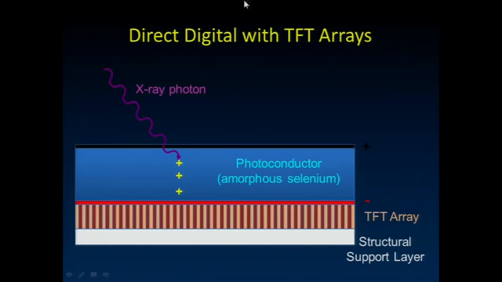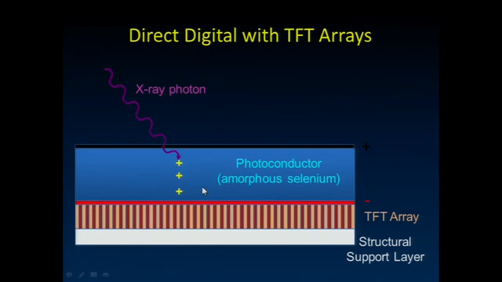What's really nice about this is the X-ray comes in, and now instead of producing a lower energy electromagnetic light phenomenon, it releases charge in this material. It releases electrons in that material. And if we put a little bias voltage, positive voltage here, negative voltage here, the electrons will move in one direction, and the hole, the space that the electron left, will move directly down to the thin film transistor array.